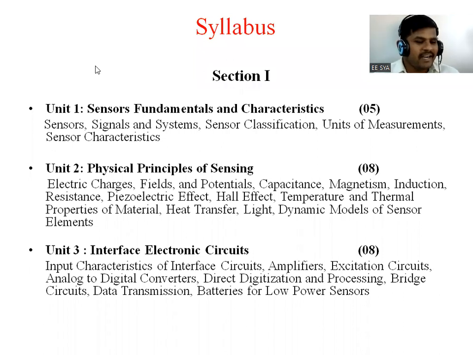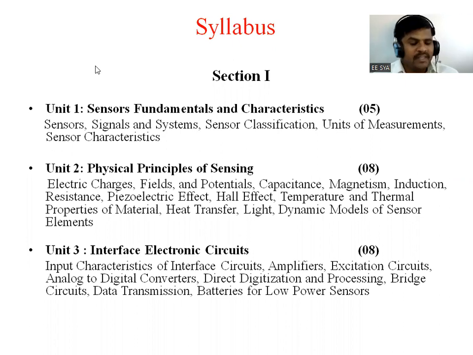So excitation is required. Then to make the value readable by a computer or microcontroller, we want to convert this analog into digital, so there is an analog to digital converter. Again, there are techniques like digitization, how it can be converted into digital. There are direct digitization techniques and their processing. Then bridge circuit, then data transmission. Okay, how the data can be transmitted, this we also want to understand.